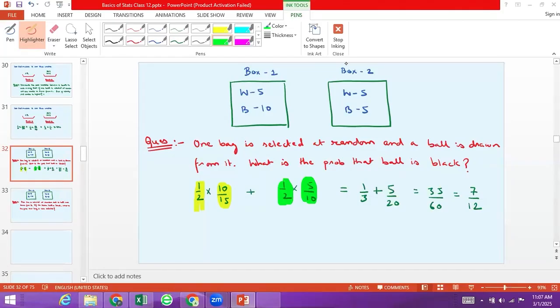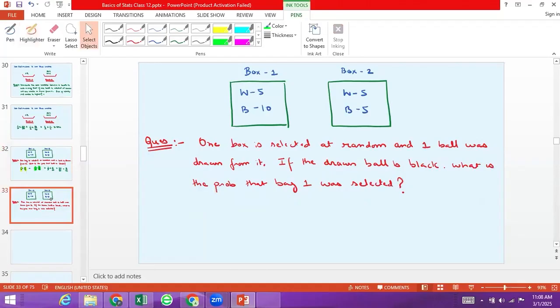I didn't get the question. For this question, I got 4/7. Okay, maybe you are right. I'm not sure. I don't know the answer yet. So we have to apply Bayes' theorem here.